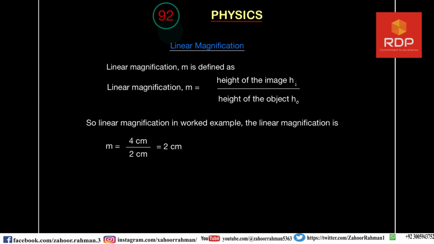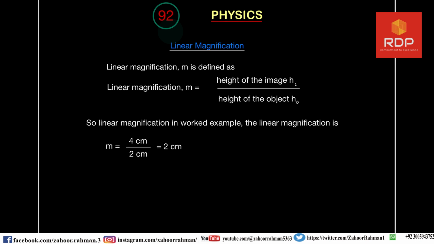So let's go back to that problem, and we want to find the magnification of that figure. In the worked example we just saw, the linear magnification is m is equal to 4 centimeter. Why 4 centimeter?